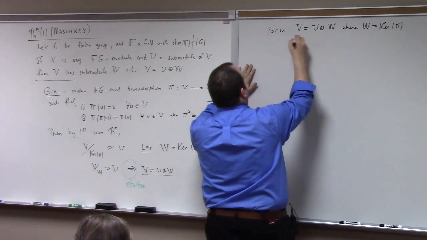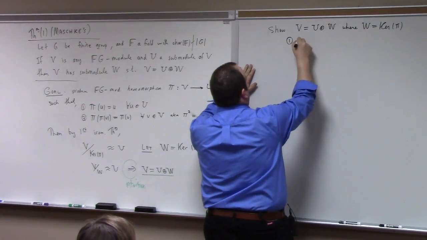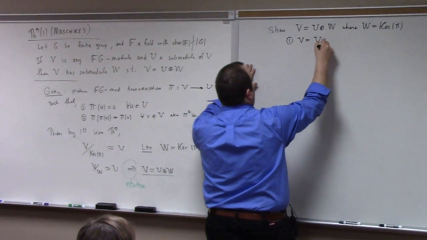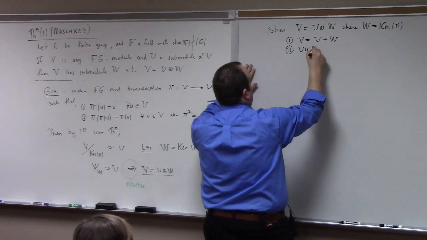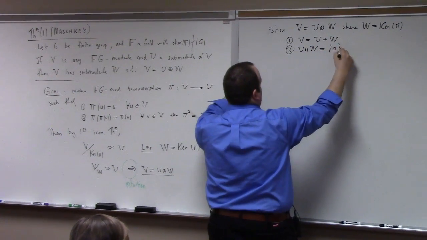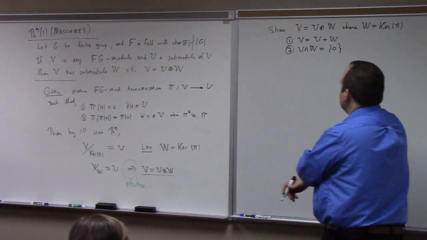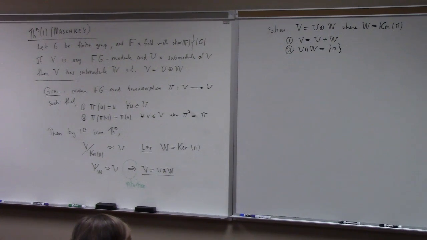I need to show two things. One, V is U plus W. And two, I need that U intersect W is 0. So why can we see that V is U plus W given our construction here?